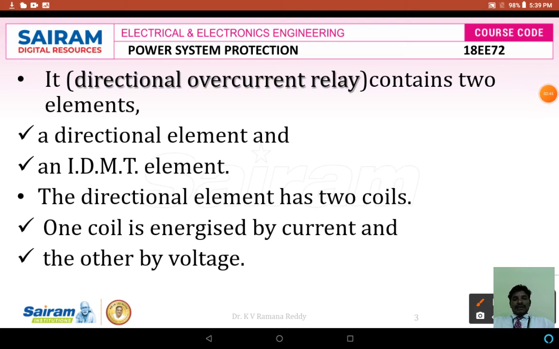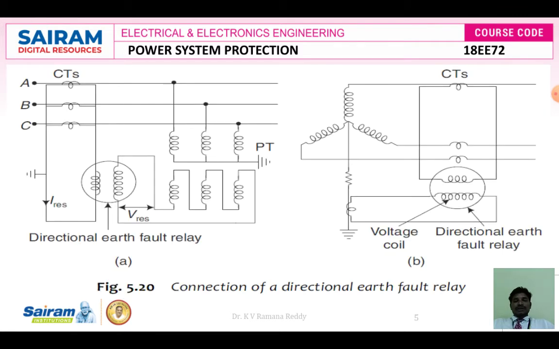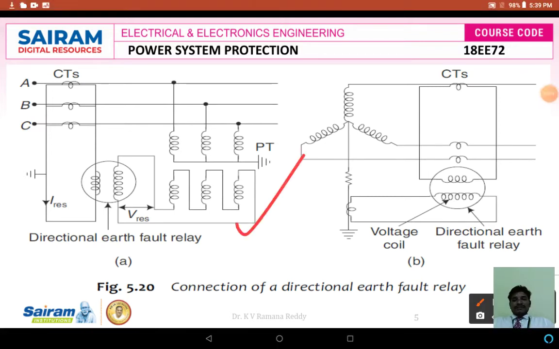Whenever the direction element is energized by actuating quantities like fault current and fault voltage across the two coils, the current coil of the direction element is energized by residual current, and the potential coil is energized by the residual voltage. Here residual current and residual voltage are the fault current and fault voltage shown in this figure. In figure A, there are two sets of coils.